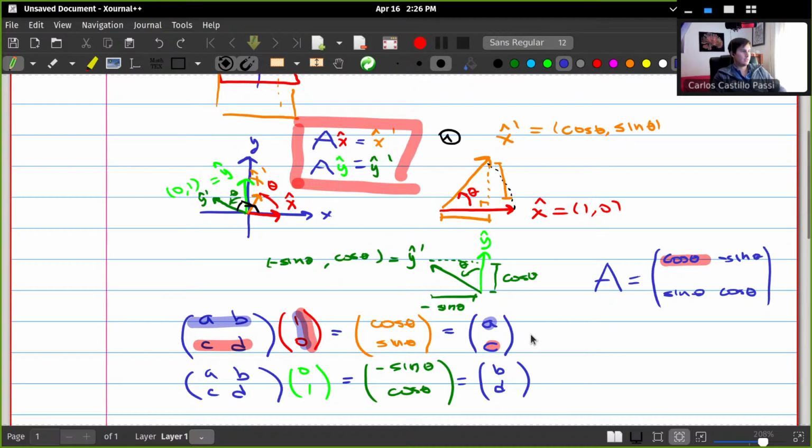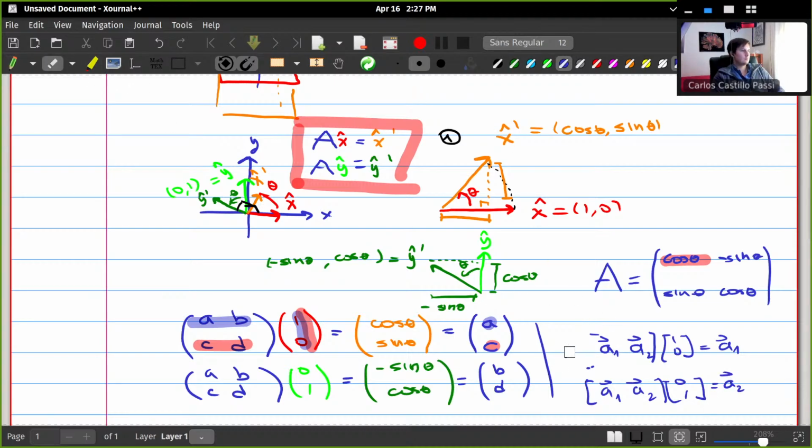If we wrote A as a vector A1 and a vector A2, by applying 1, 0 to this, you'll get A1, the first column, and by applying 0, 1, the result is A2, or the second column. So that's why the rotation matrix is like this.